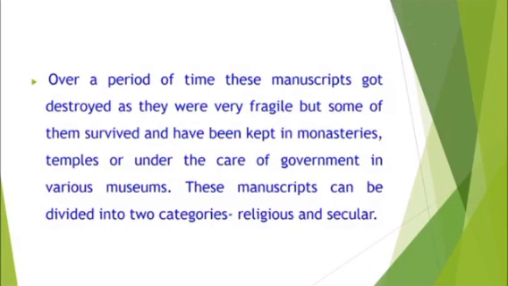Here, monasteries means buildings occupied by a community of monks living under religious vows, and temples are under the care of government in various museums. You all know museum is a building or place where works of art or other objects of permanent value were kept and exhibited.